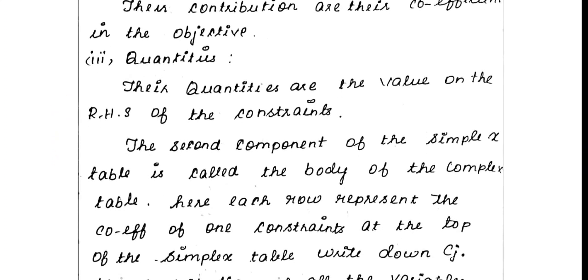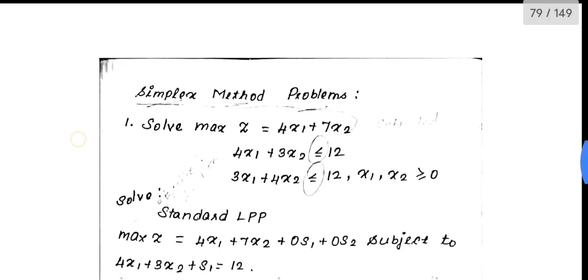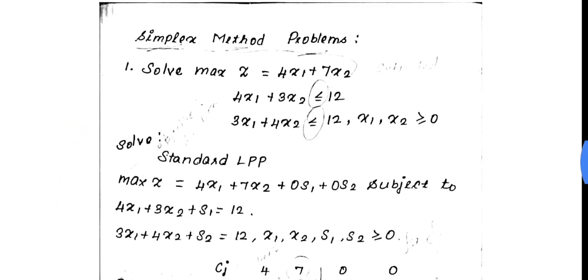Simplex method. Solve: maximize z equal to 4x1 plus 7x2 subject to the constraints 4x1 plus 3x2 less than or equal to 12, 3x1 plus 4x2 less than or equal to 12, x1, x2 greater than or equal to 0. First we have to write the standard form of the LPP.